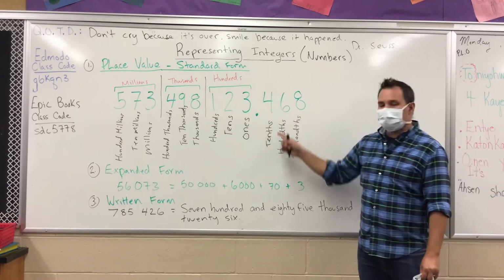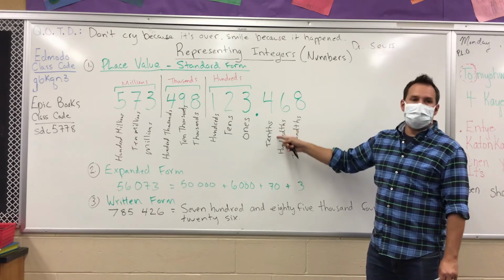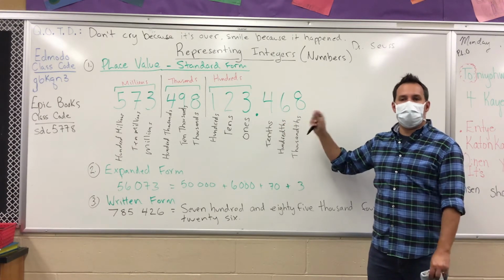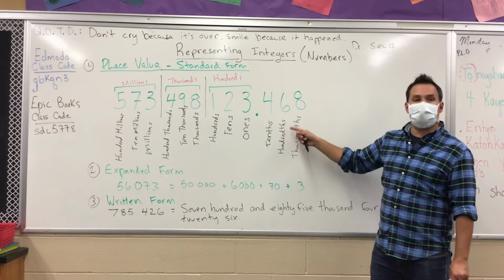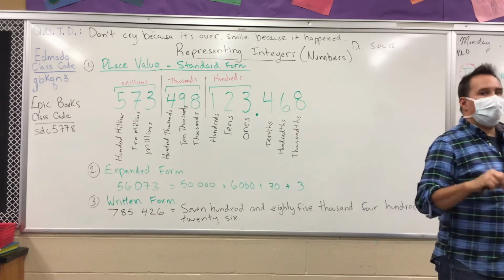So when we write them and represent them, we say tenths. It's got a TH because it's a tenth of the way to the next one. Or hundredths or thousandths because it's only part of a way.